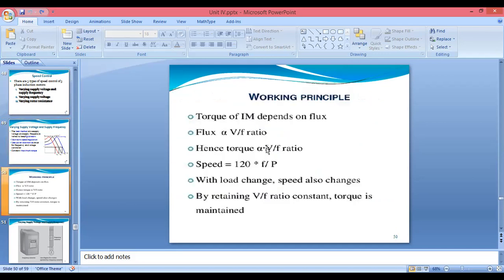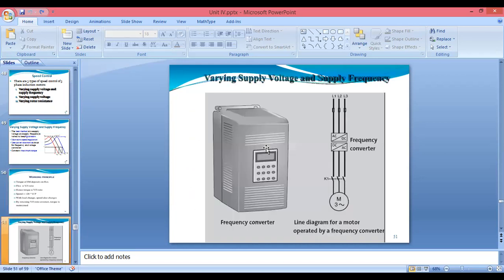The flux value of the three-phase induction motor depends on the V by F ratio, and torque depends on V by F. We get synchronous speed equal to 120 f by P. With load change, there will be a change in the value of speed, and by retaining the V by F ratio constant, we can maintain the torque constant. So you get the regulation of speed for the three-phase induction motor.